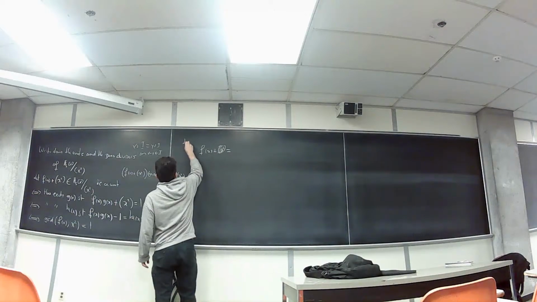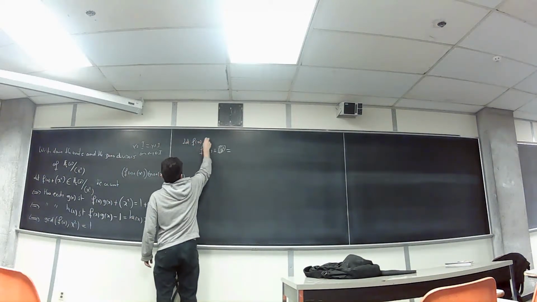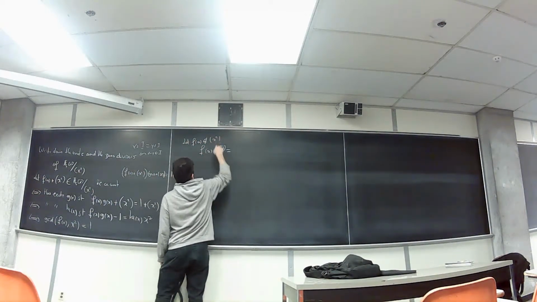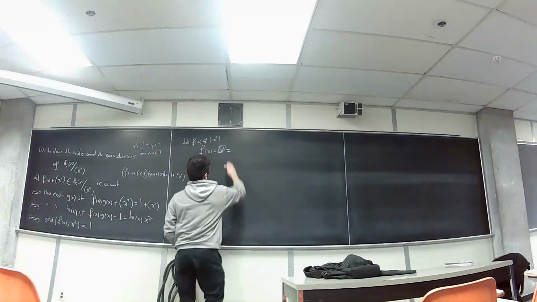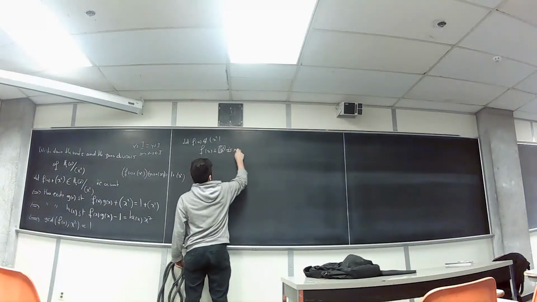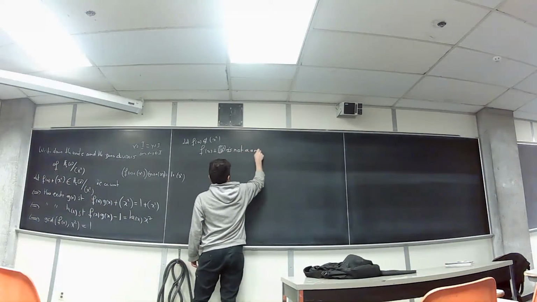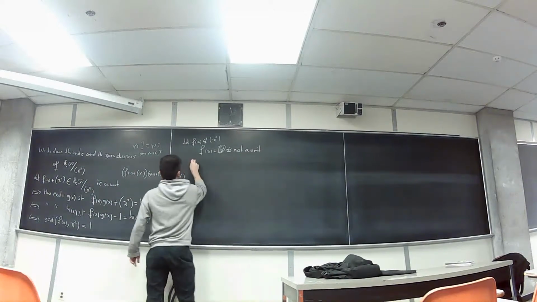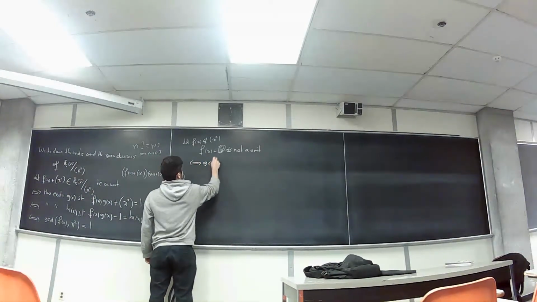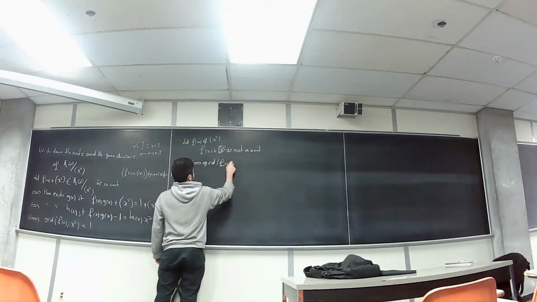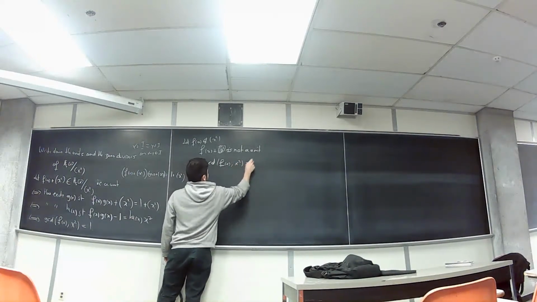So let f of x not belong to the ideal generated by x squared, basically so that f of x plus x squared is different than 0. F of x plus x squared is not a unit if and only if the GCD of f of x and x squared is different than 1.